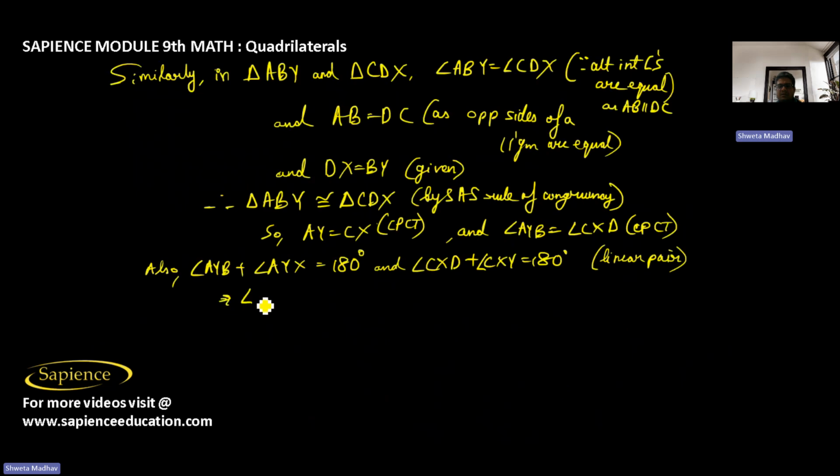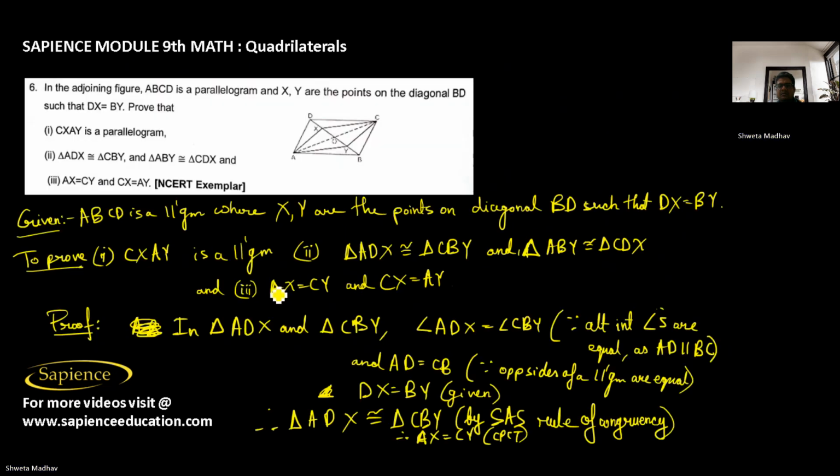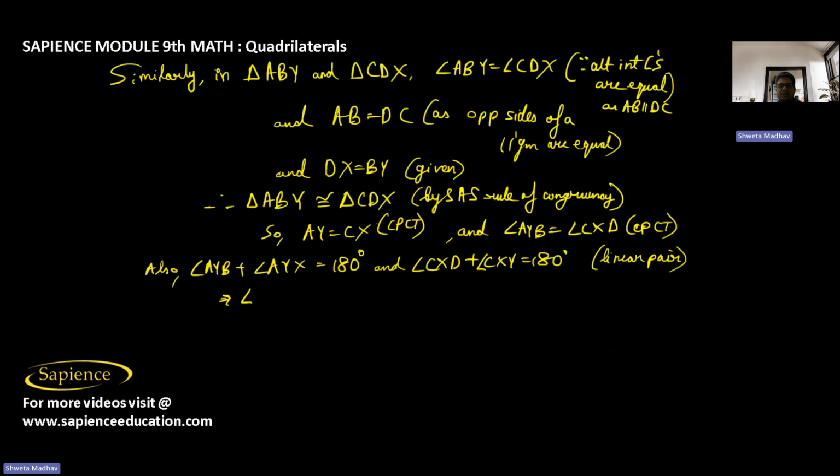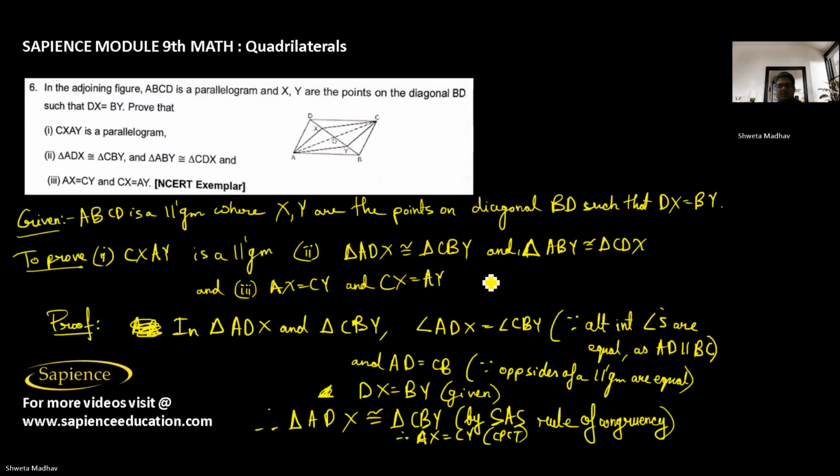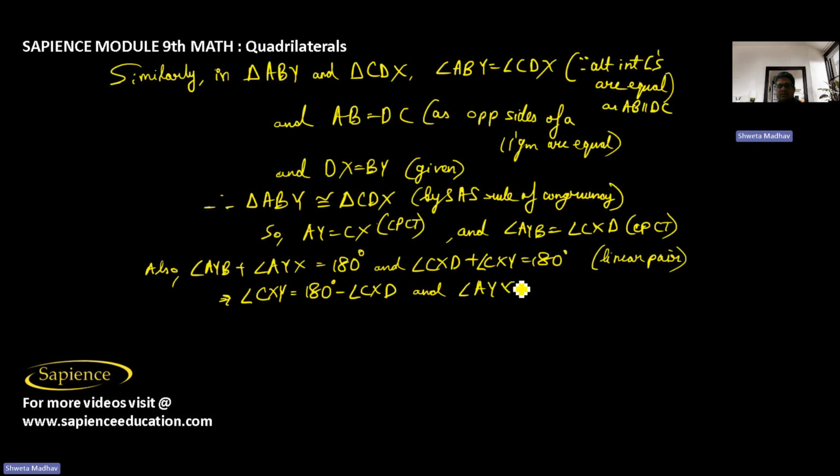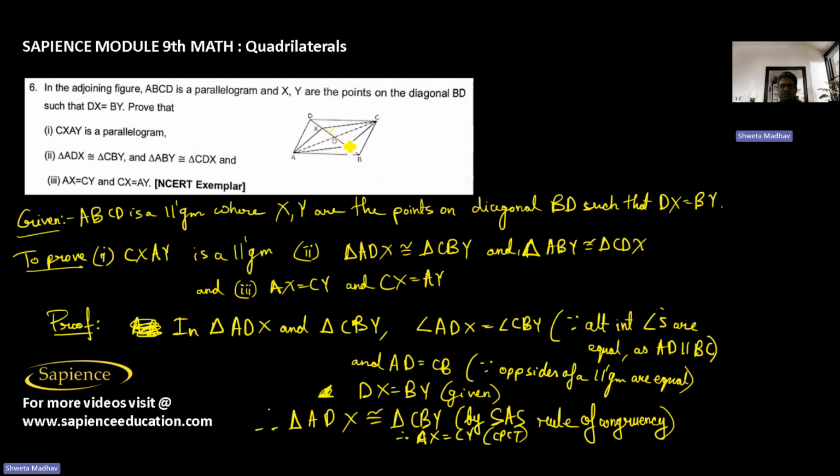So angle CXY equals 180 degrees minus angle CXD, and angle AYX equals 180 degrees minus angle AYB. Since AYB and CXD are equal, angle CXY equals angle AYX.